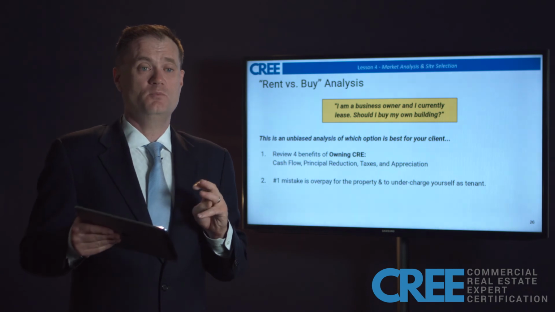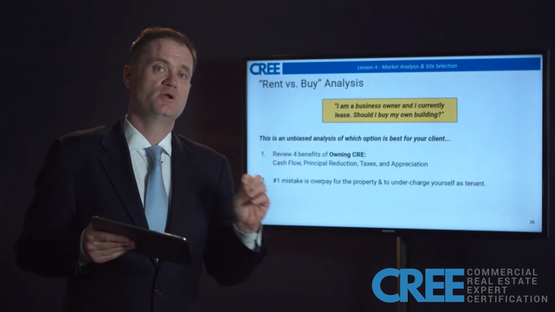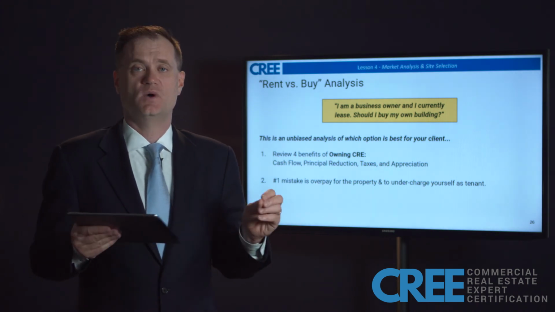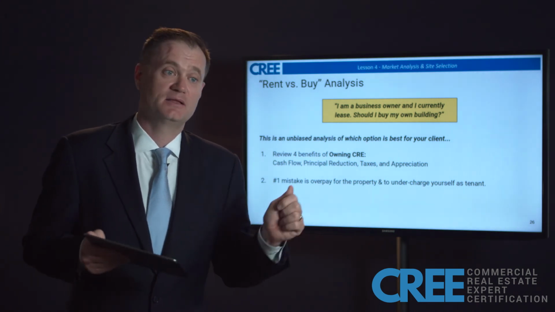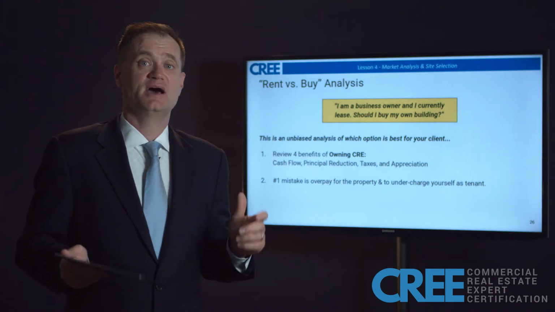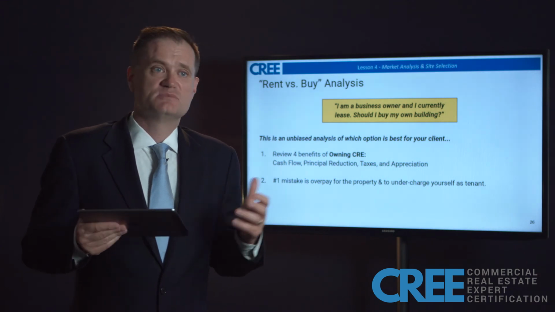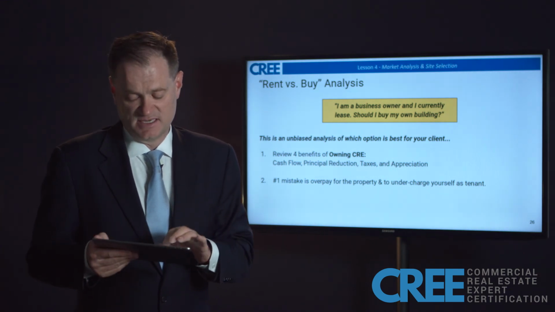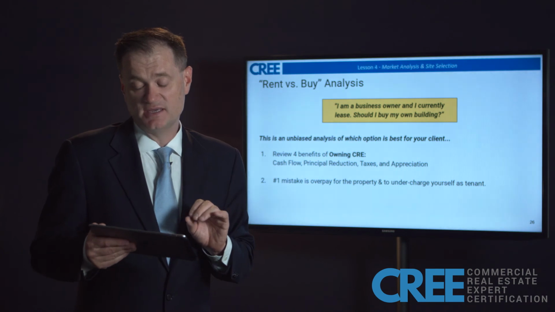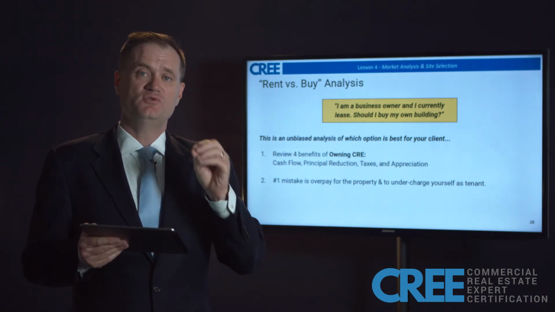And the one mistake that I see a lot of tenants making that want to own a building is they don't wear both hats well. 2 hats: I'm a landlord and I'm a tenant. You may be a landlord and a tenant, but you might not be the best tenant for your own building. Now, maybe there are some other circumstances that make sense to do that. But if you're wearing both hats, it has to fit.